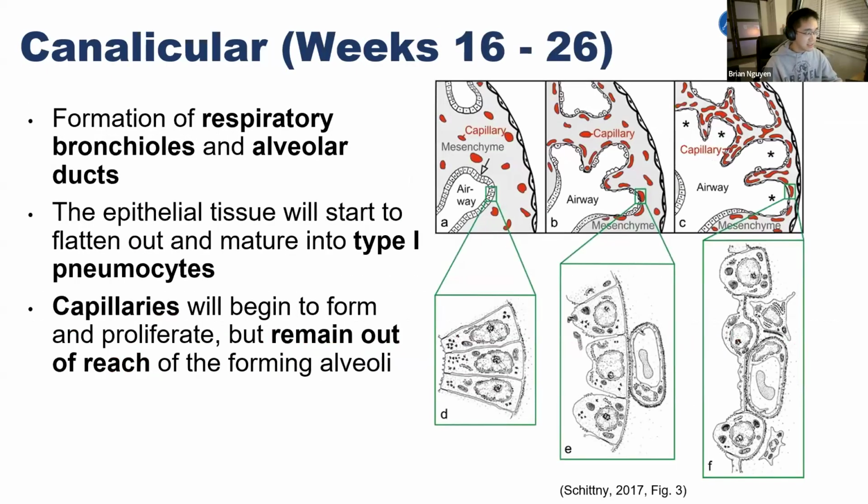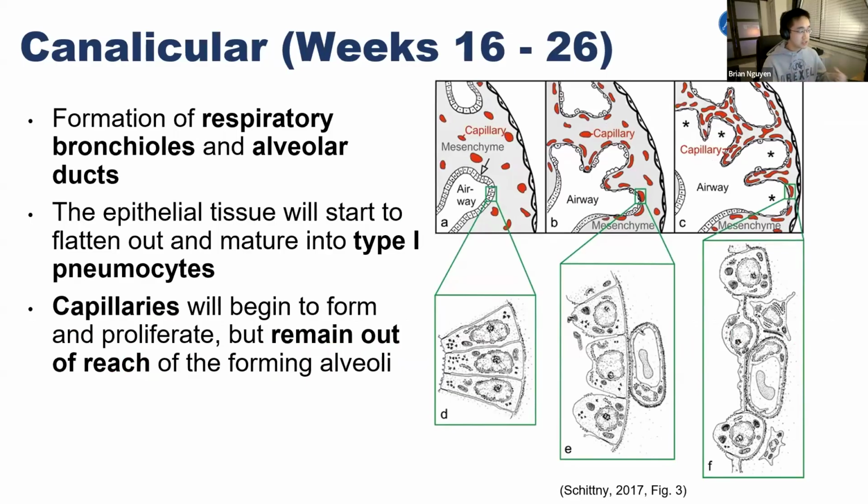So let's go ahead and take a look at the canalicular stage. During weeks 16 to 26, you're going to start to see the development of your alveolar tree, your respiratory bronchioles, as well as your alveolar ducts.